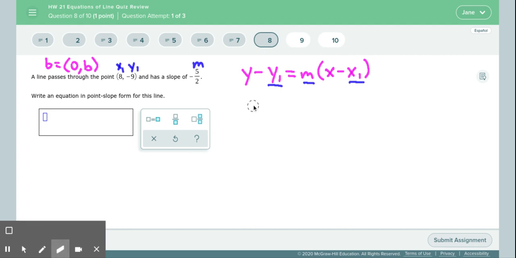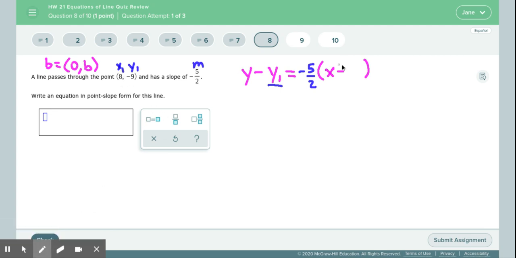Now in my formula, I'm going to erase the m and replace it with the slope that it gave me, which is -5 over 2. Then I'm going to erase the x1 and replace it with my x1 value, which was 8. And then I'm going to erase the y1 and replace it with the y1 value, which is -9.